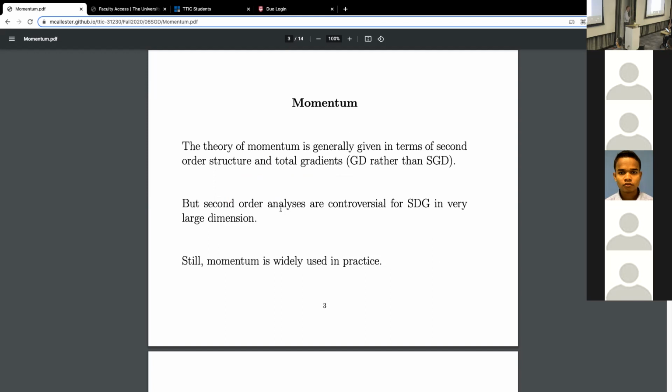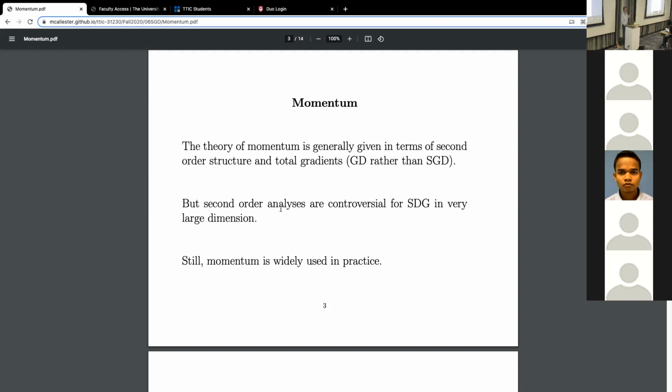But the second order analysis, I think, and I think it's a widely held view, is controversial in deep learning. So I'm not very happy at all with the theoretical motivation that's typically given, right? So you're going to see my spin on momentum.